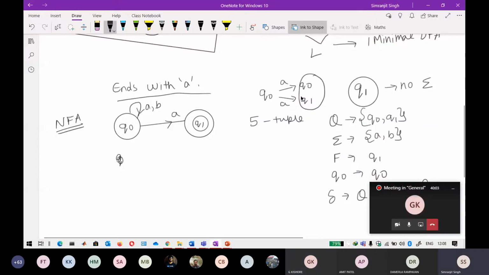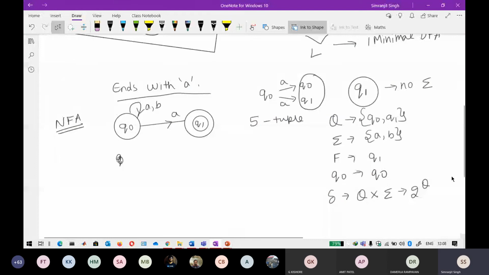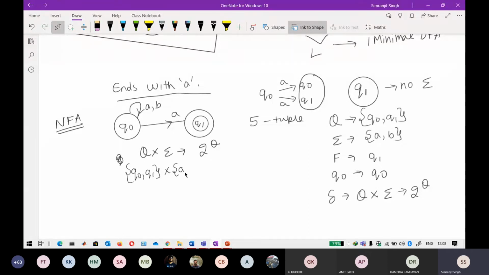If you clearly look at this, Q into the input alphabet raised to the power set. What do I mean by this? Here Q is Q1 and Q naught, and the input is A comma B. The power set says 2 raised to the power of the number of states, which is 2. So it can go towards a total of four states.